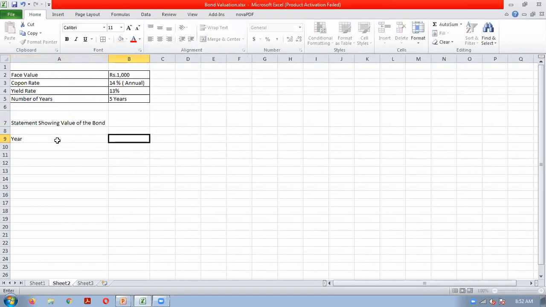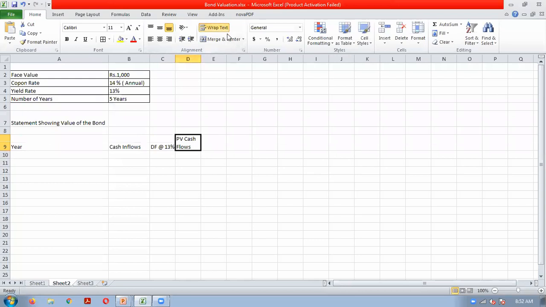Columns will always remain fixed: year, cash inflows, discounting factor, at yield rate the discounting factor is 13 percentage, present value of cash flows. So how many years? 5 years. 1, 2, 3, 4, 5. In the fifth year, 2 cash flows will come.